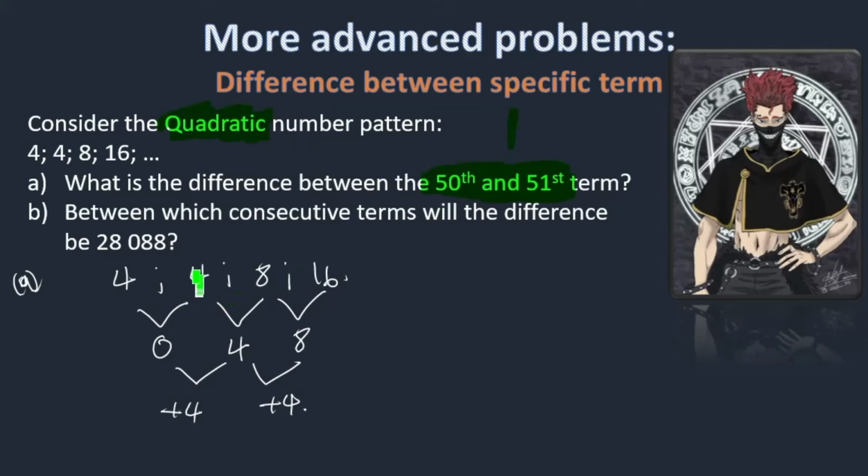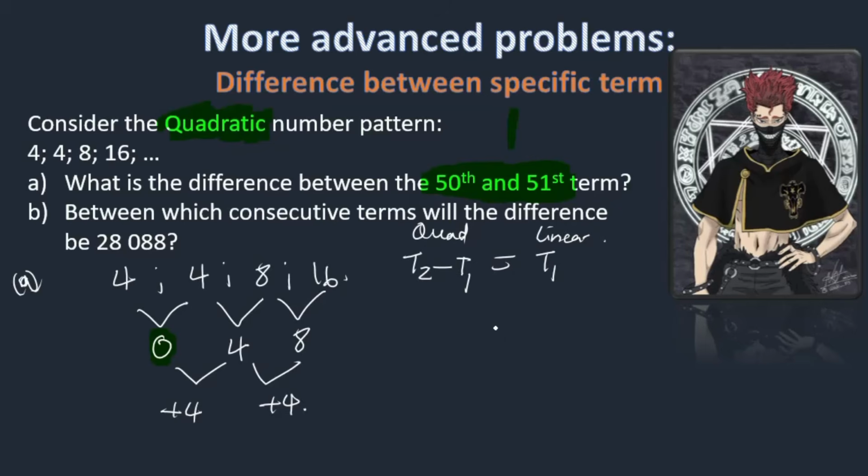The difference between the second and first term gives me the first sequence. Let me put it in writing so that you can actually hear what I'm saying. I'm saying T2 minus T1 in quad gives me T1 in linear.